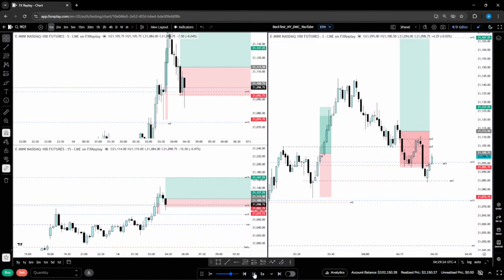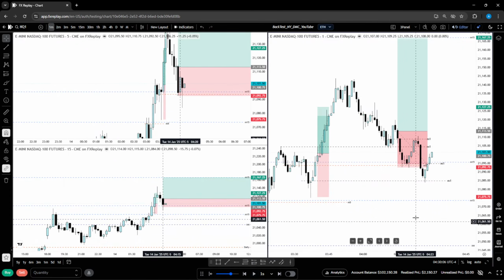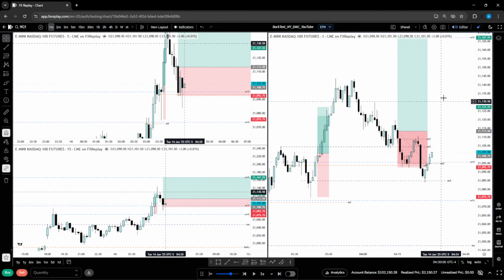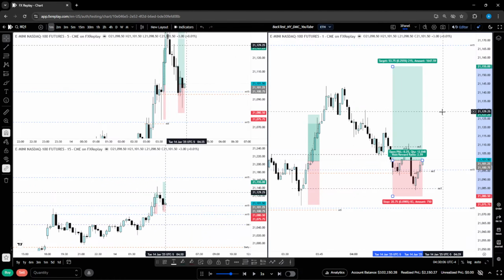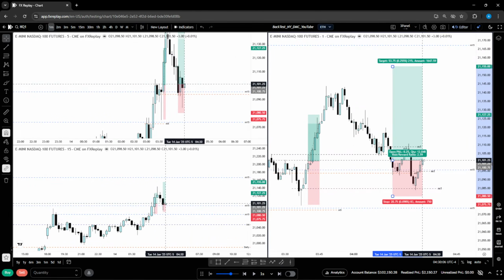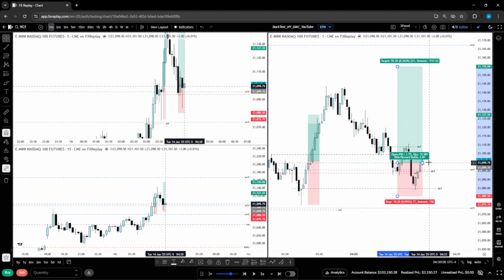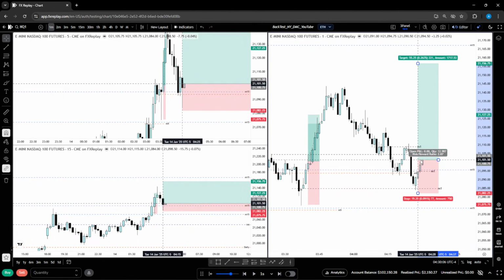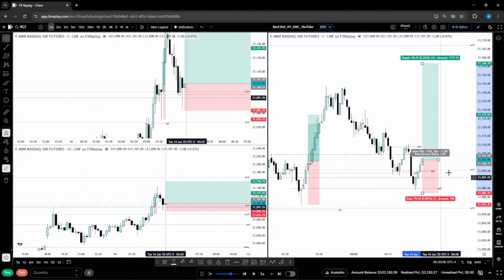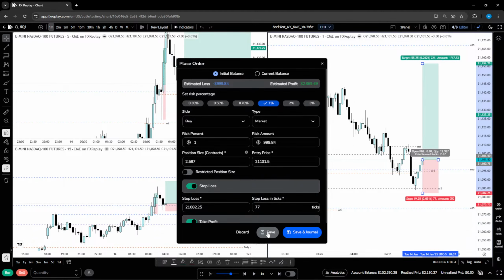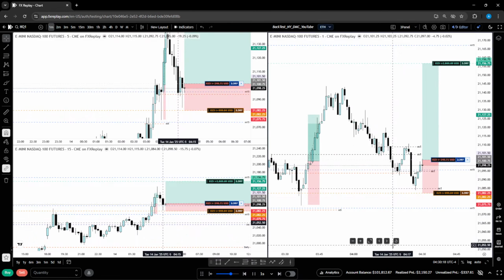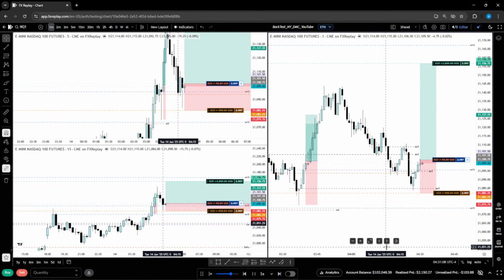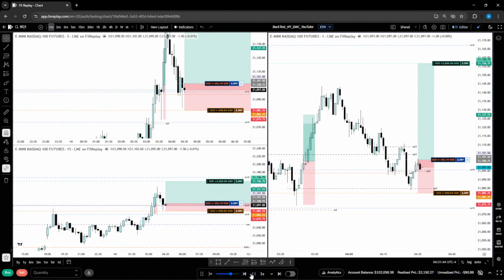Wait for this candle to close. Okay, so it closed above, so we are starting to get a move up. Let's do it one more time. We should not really close below this level if we want to go higher.